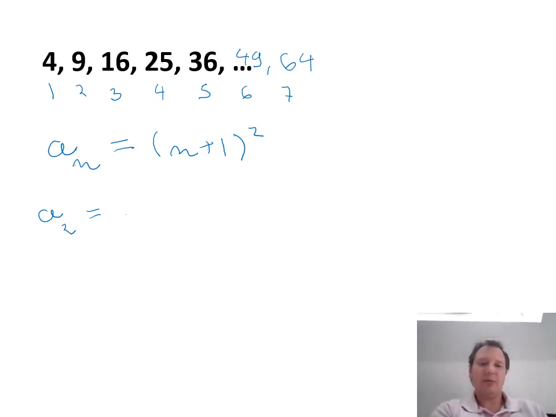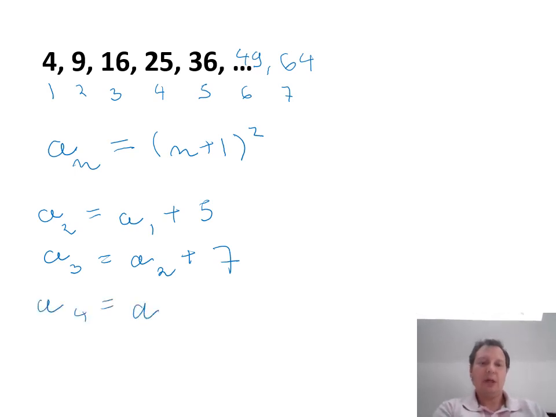So a2 is equal to a1 plus 5. a3 is equal to a2 plus 7. a4 is equal to a3 plus 9, and so on. You can already notice a pattern forming here.